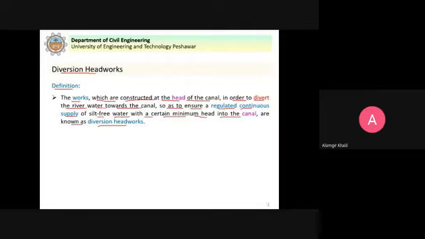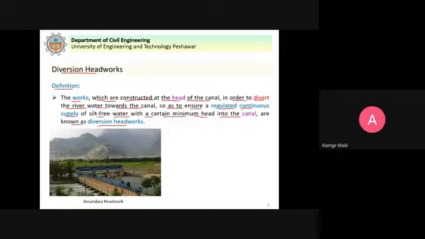And silt-free water. So arrangements are made that the silt which is flowing in the river is removed from the water. For this we have certain measures in the form of silt excluders and silt ejectors, and the silt-free water with a certain minimum head flows into the canal. So such works are known as diversion headworks.